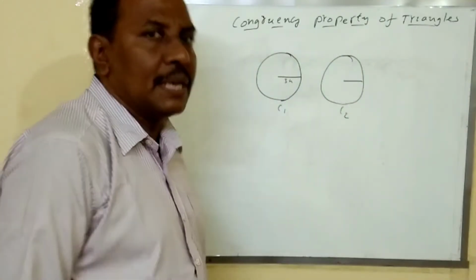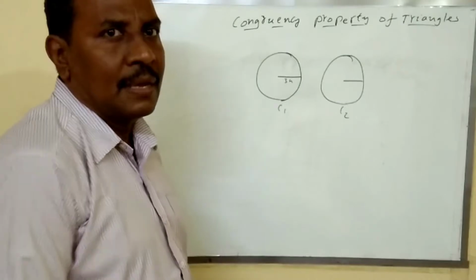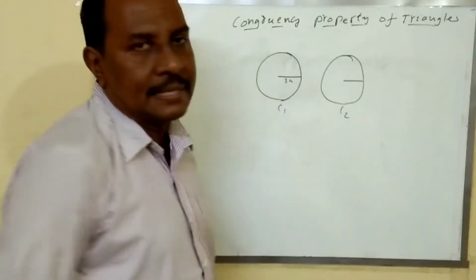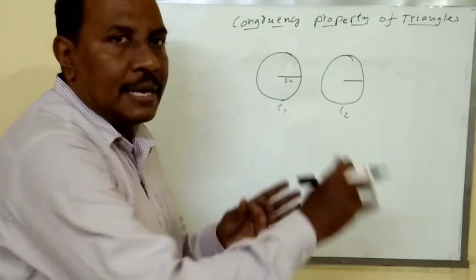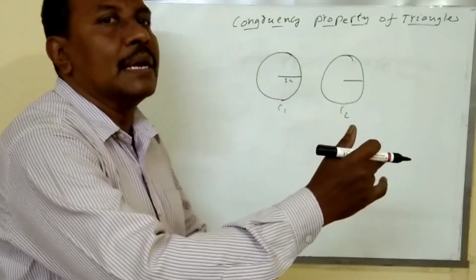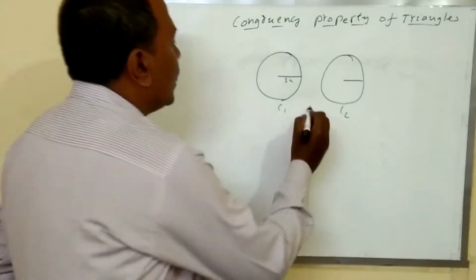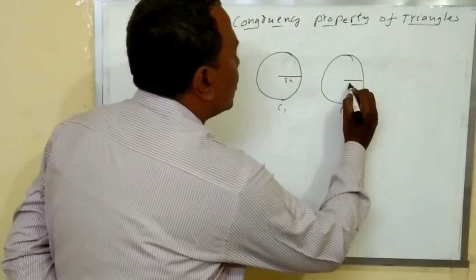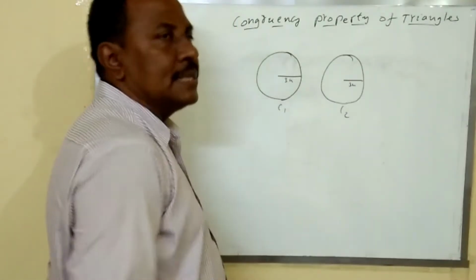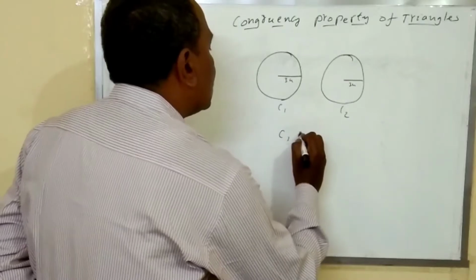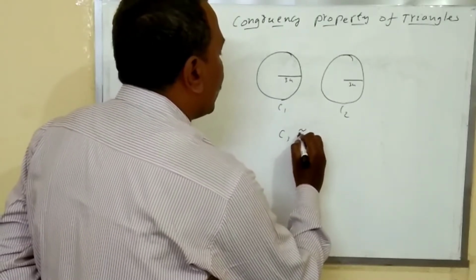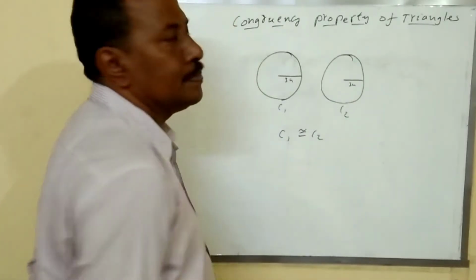Shapes are equal. What about the size? Size depends on the radius. More radius, the size will be bigger. Less radius, the size will be smaller. So here, circle 1 and circle 2 maintain the same radius, 3 centimeters. So we can say that circle 1 is congruent to circle 2.